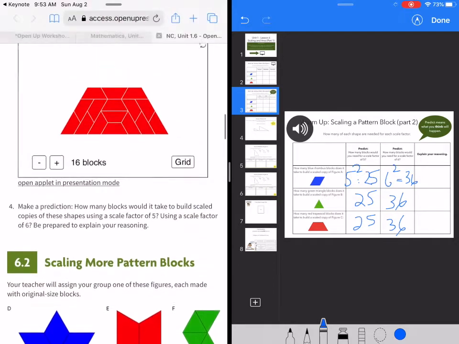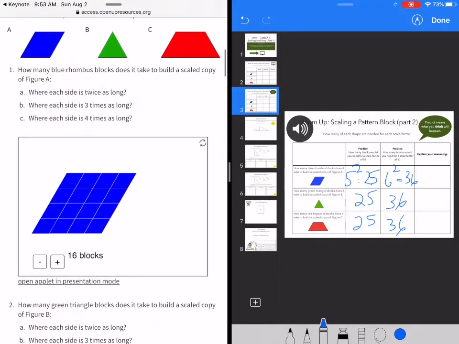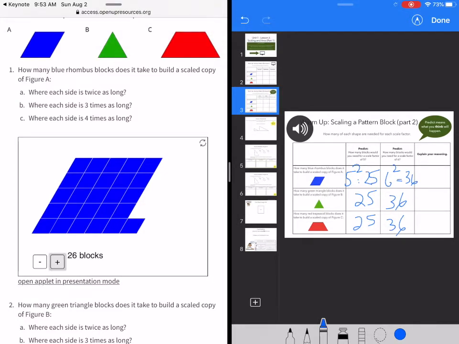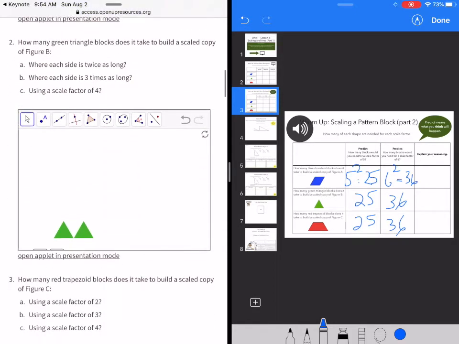Now let's go back to our applet and see if we're right. So this is where we stopped with 4. If I wanted to make it 5 wide and 5 tall, I'm right, I would need 25 blocks. If I wanted to make it 6 wide and 6 tall, I would need 36 blocks. So let's see if it's the same with the triangle.